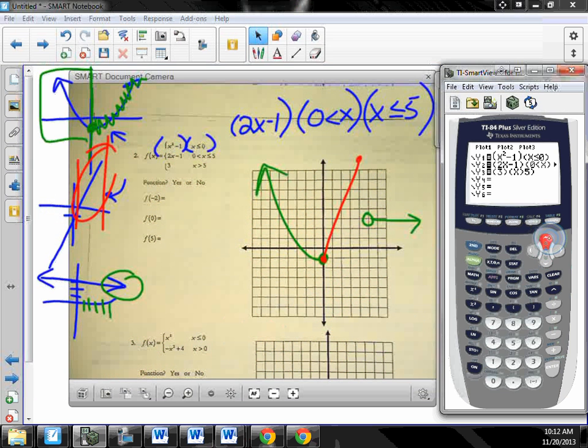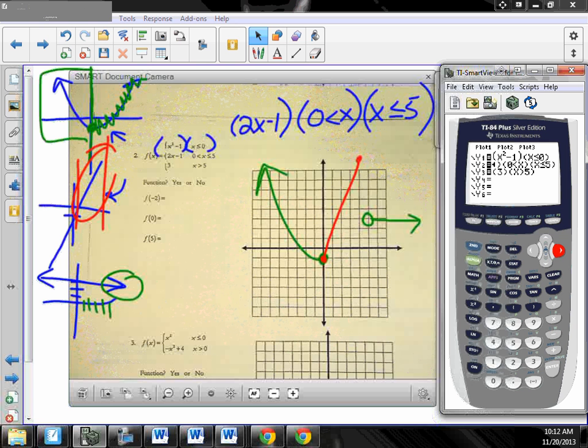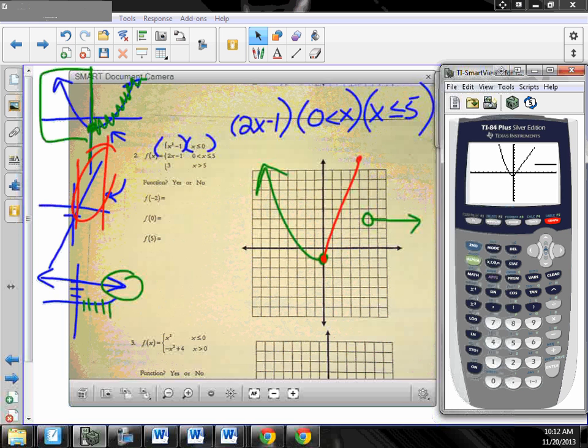For the second one, you need to split that inequality into 2 inequalities. So it should look like 0 less than or equal to x and x less than or equal to 5. So when you plug those in and graph it, that's what it looks like.